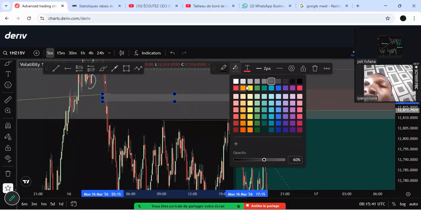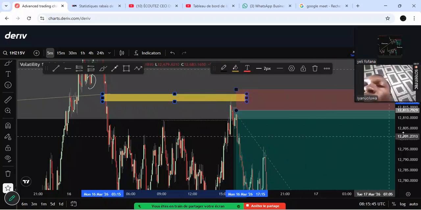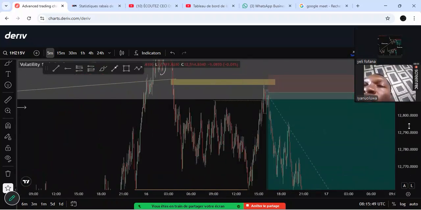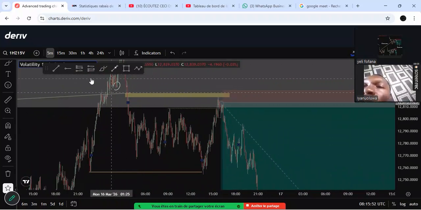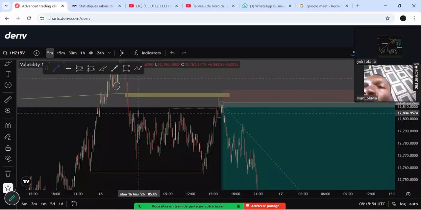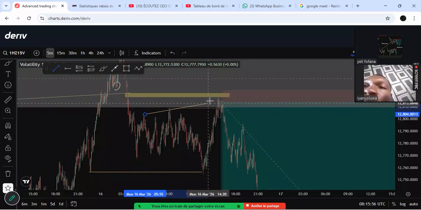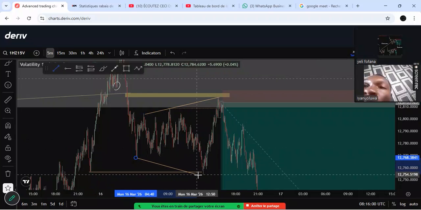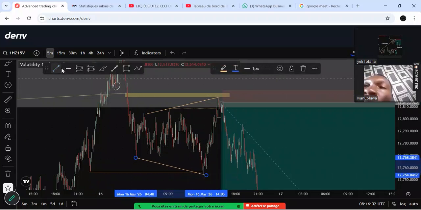And the most important thing is not the change of character or fair value gaps. The most important thing is how price comes back to this level. How price created something like a structure, and you can notice we had a very small structure at this level with a very, very beautiful midsection. That's gonna be your sniper entry, bro.